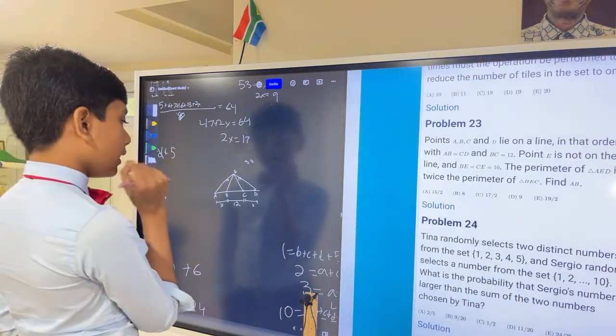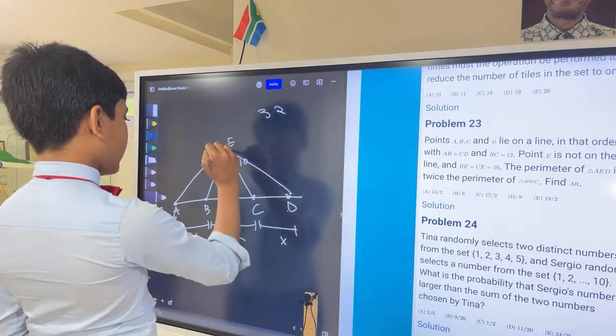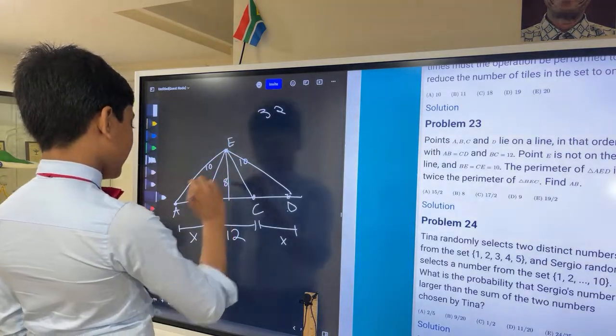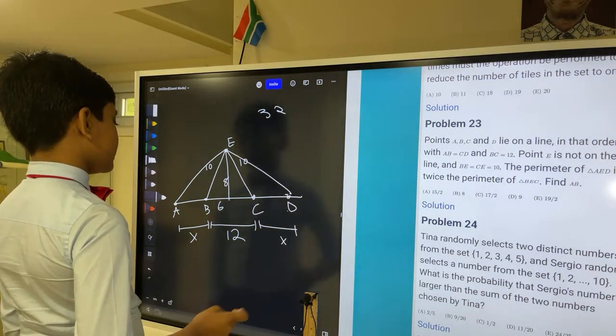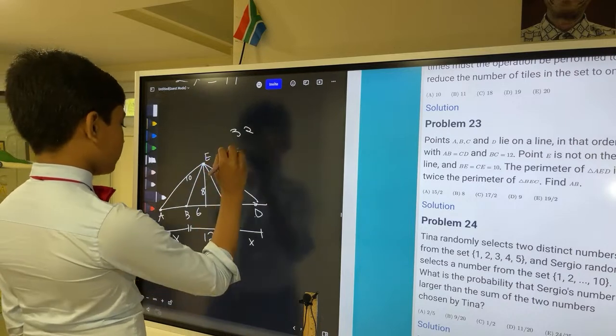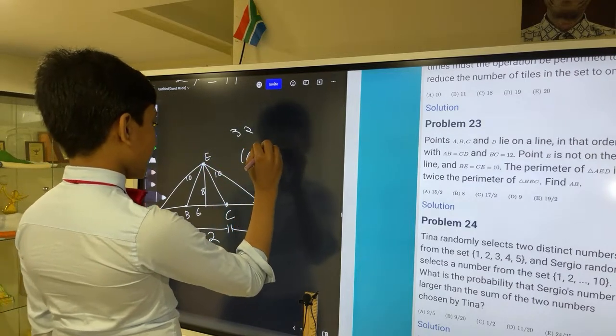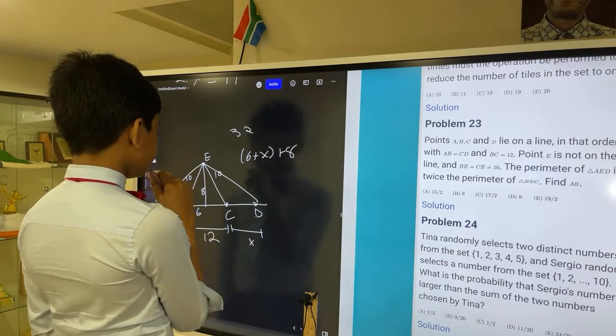Alright, so now what can we do? Well, we have 6 and 8. Seeing an opportunity and I'm trying to pounce on it. So we have 6 and 8. Now what would happen if we had 6 plus x plus 8?